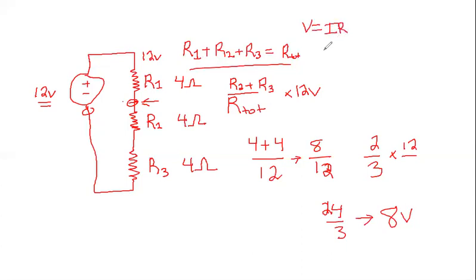So we know our voltage is 12. We don't know our current right now. We do know our resistance is 12. We divide both sides by 12, so we know our I, or our current, equals 1 amp.